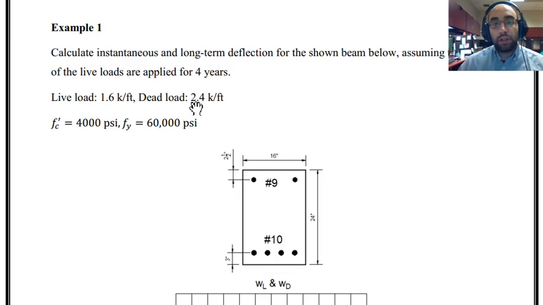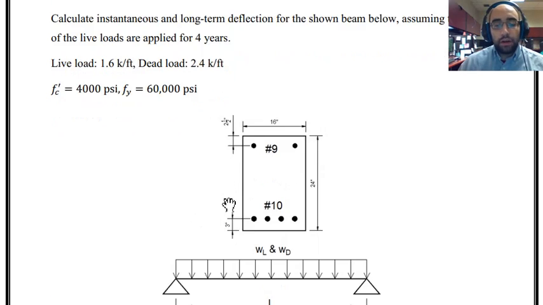If the self-weight is not included, I will specify it in the question. I will say self-weight is not included in the given dead load. So this dead load is including self-weight of the beam.